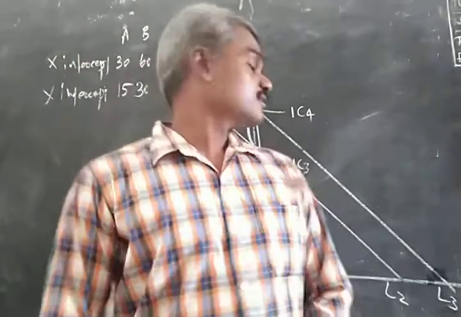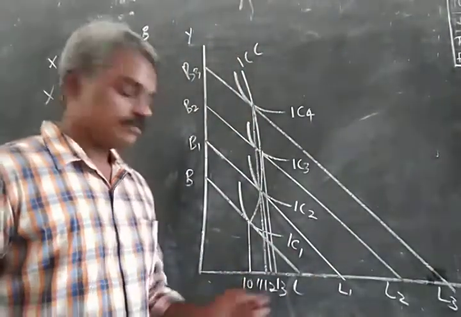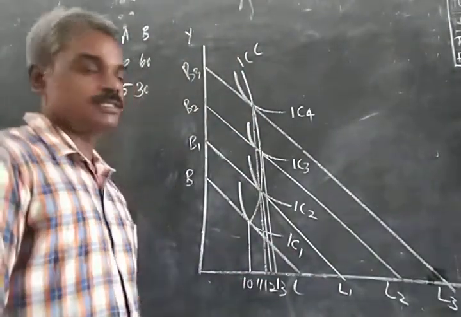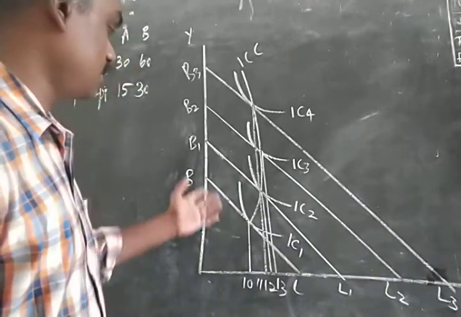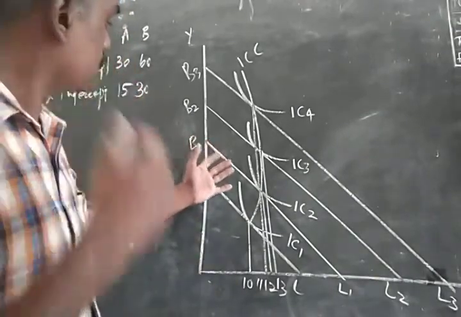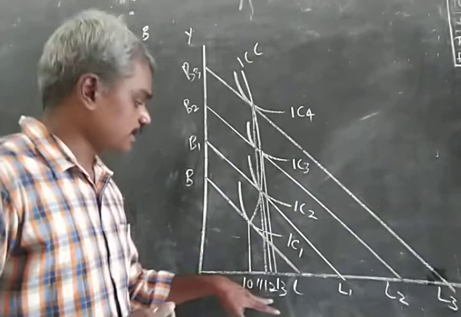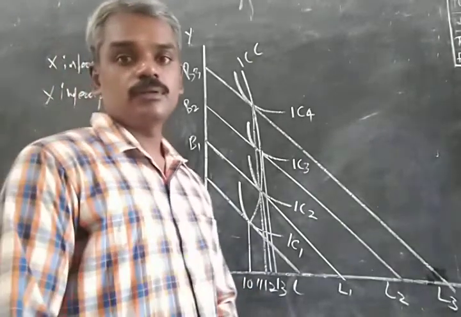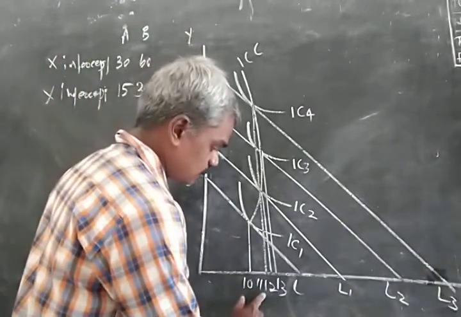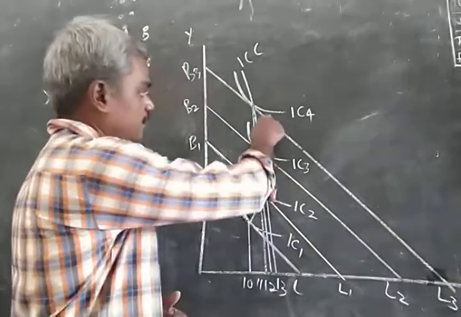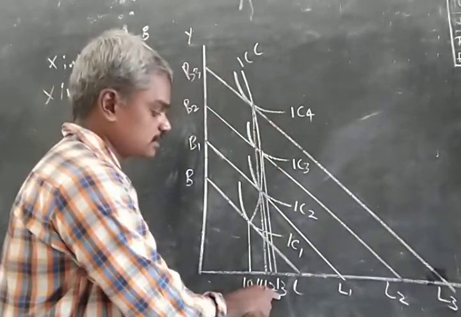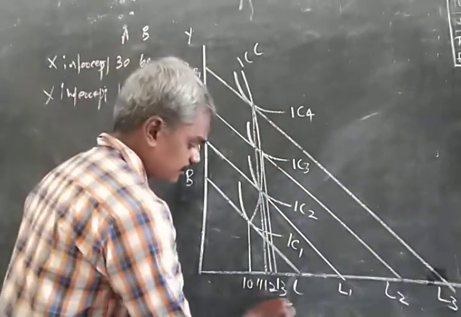Sorry for the disturbance. So it means that when his income increases, his consumption of commodity eggs began to fall. Initially, it was increasing from 10 to 12 to 13, but at a higher level, when income increased further, consumption fell from 13 to 11.